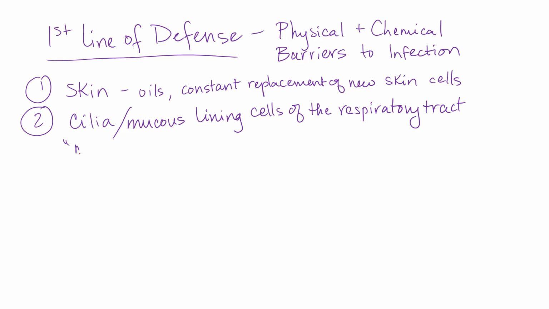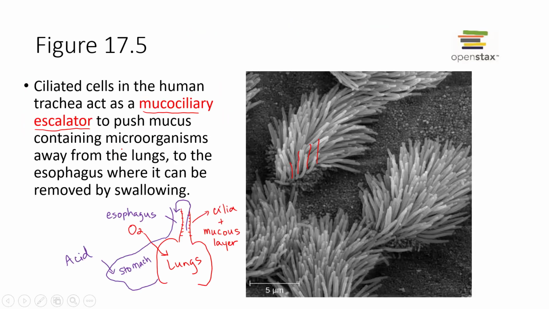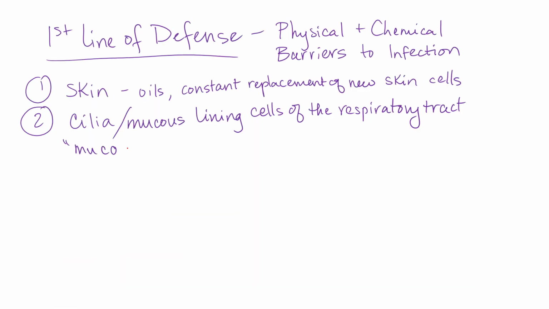We call that the mucociliary escalator. In talking about the mucociliary escalator, we also mentioned the stomach. So stomach acid would be part of the first line of defense.